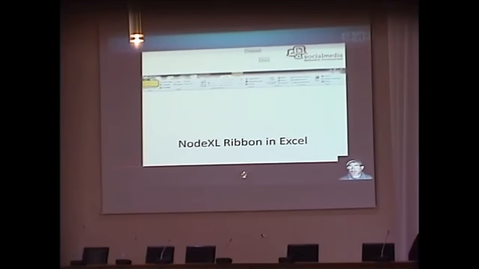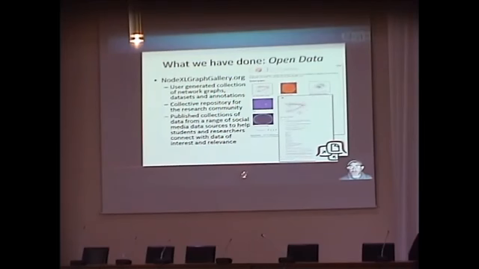We also are very interested in this idea of open data, that we want there to be the ability for researchers to collect, aggregate, and archive a collection of data. And so we hope you'll come and visit us at nodexlgraphgallery.org.